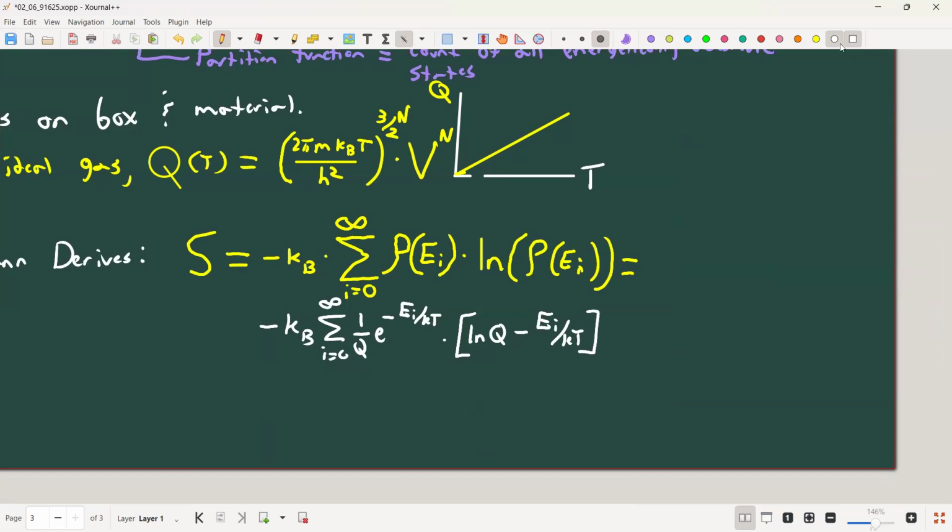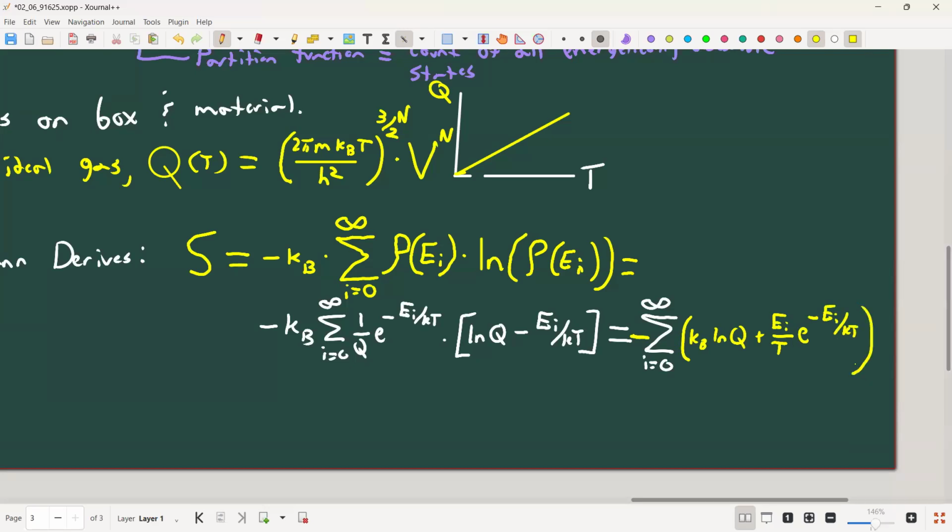Okay, I can do some arrangements of this equation. I get that this is equal to the sum from i equals 0 to infinity, with a negative sign on the outside, of k_B times log Q plus E_i over T, times e to the minus E_i over kT. I just did some distribution of all the terms and simplified some things out. I'm not really doing anything crazy.